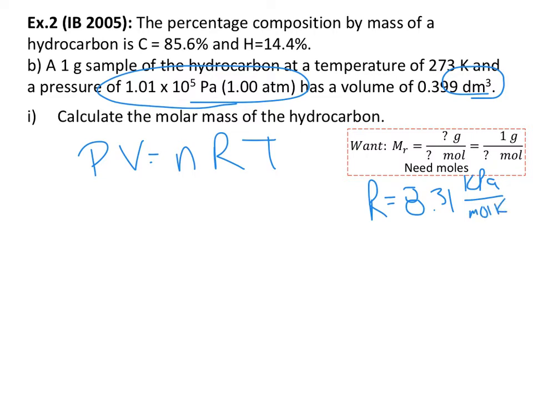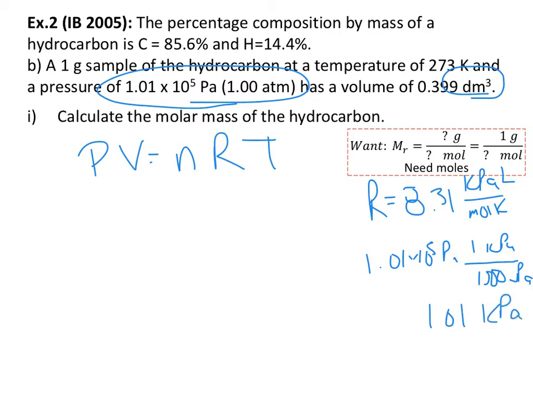So that means I need to get the pascals into kilopascals, which is just dimensional analysis. So 1.01 times 10 to the 5th Pa. Then I would have 1 kilopascal on top, 1,000 pascals on the bottom. And so basically I have 101 kilopascals. So I'm going to plug that in for P.